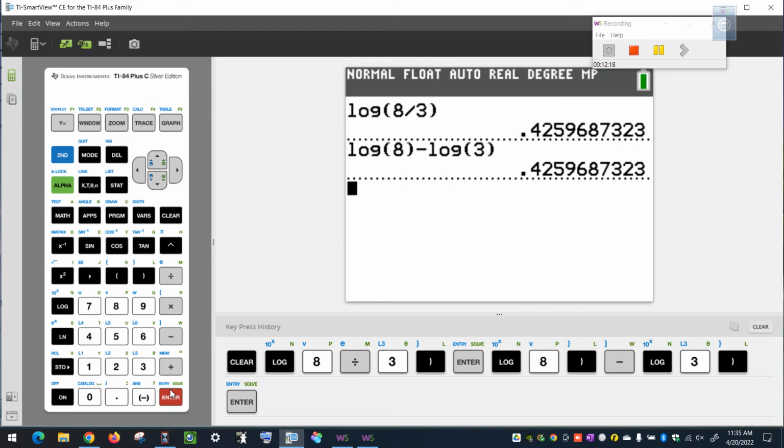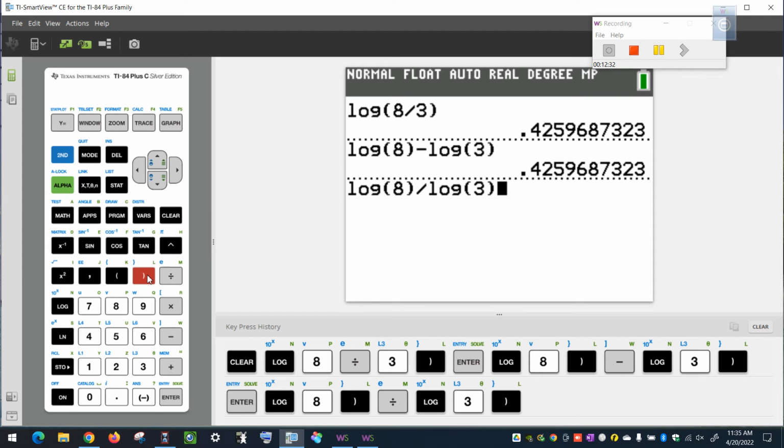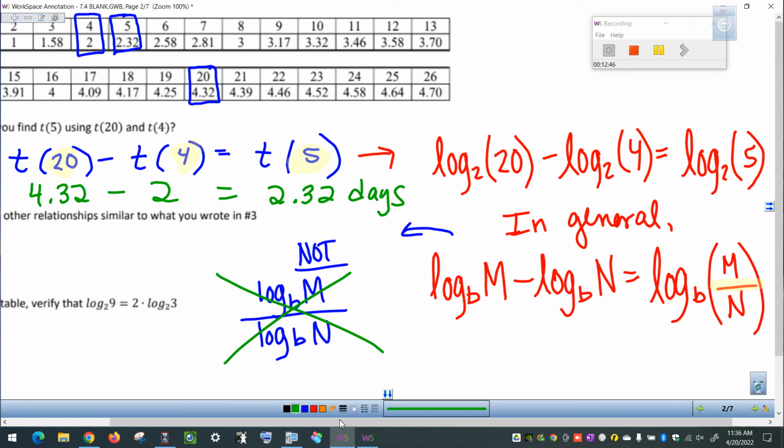So that is a good way to condense it down. Here's what we don't want to do. If you type in log 8, close the parentheses, divide it by log 3, notice how there's 2 logs here. You get our answer? It is totally different. So if you're ever unsure of how something works with a property, try it with some numbers and see if it works out how you want it to.